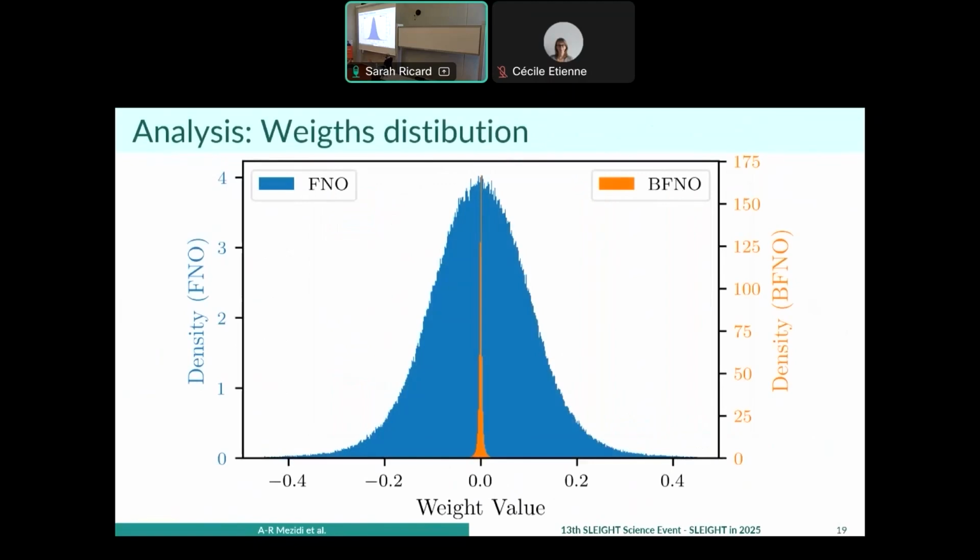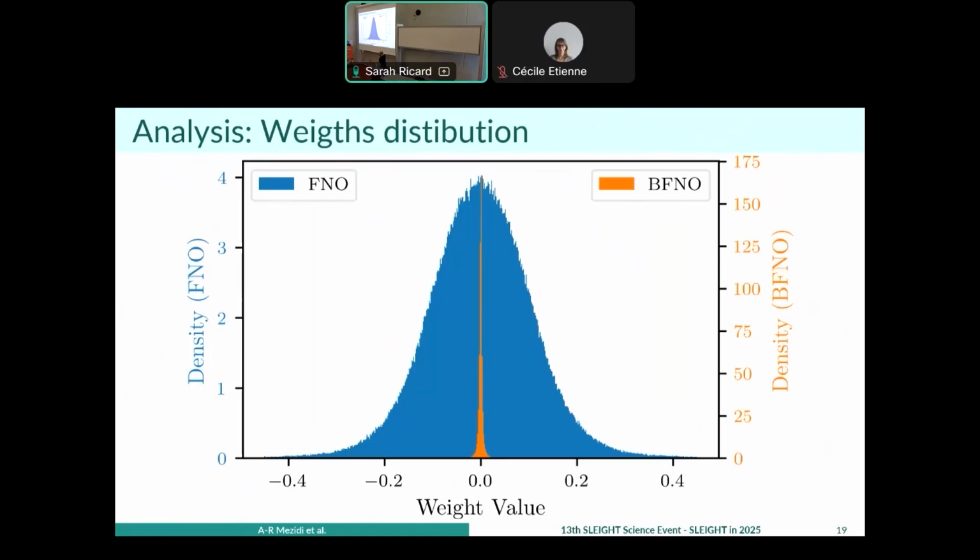Another interesting thing that we observe is when we compare the weight distribution of these models. For the standard Fourier neural operator, we basically have a Gaussian distribution of the weights. However, for our model, we have a lot of parameters near 0, and we have some kind of Laplacian distribution.